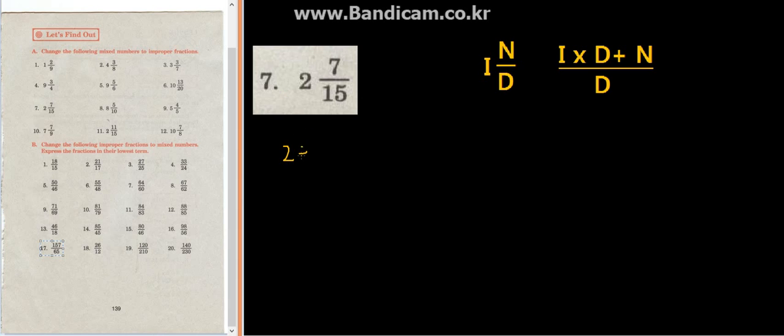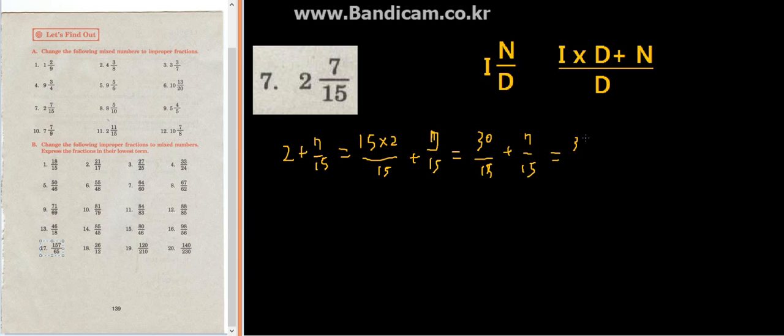This is 2 plus 7 over 15, and this becomes 15 multiplied by 2 over 15, plus 7 over 15. That is 30 over 15 plus 7 over 15, and becomes 37 over 15 by adding 30 and 7.